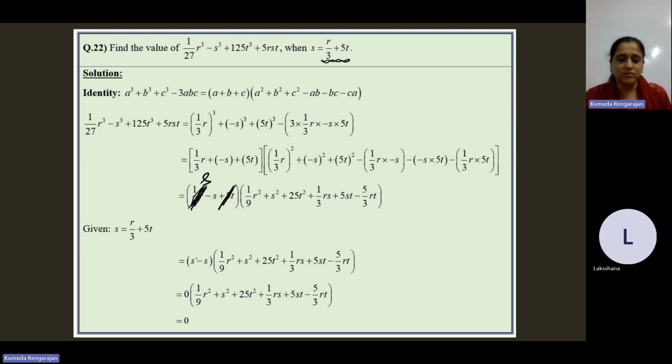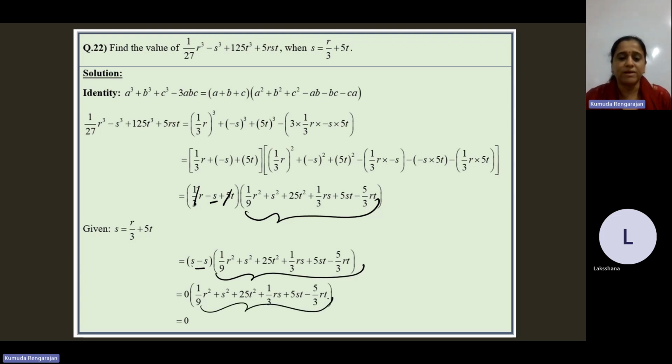So we have S minus S in the first bracket. In the first bracket, instead of this, we write S and then this minus S, and the second bracket as it is. Now what is S minus S? 0. So 0 into the second bracket is 0. So the value of this expression is 0. All right?